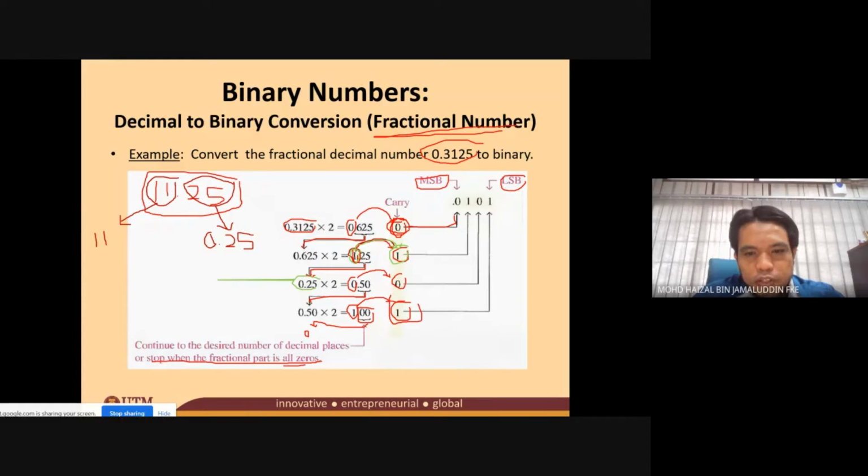And the purpose of doing this is that you only stop when the fraction number is 0. So maybe there is some number that is not suitable for this fraction, and you will never find the end. For example, here, let's say I put 0.6. Maybe you will not get the end of the calculation.